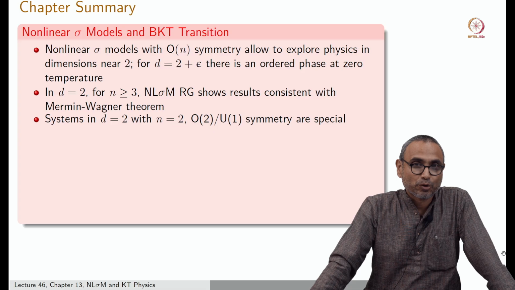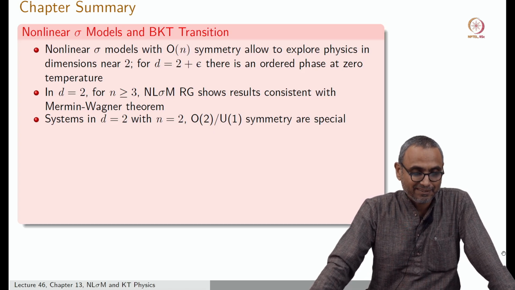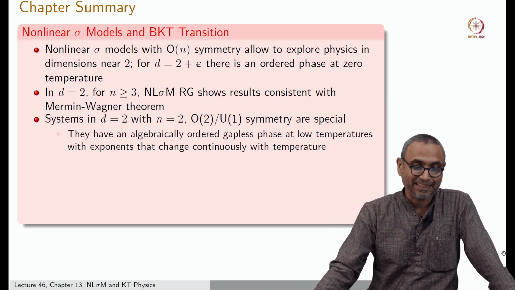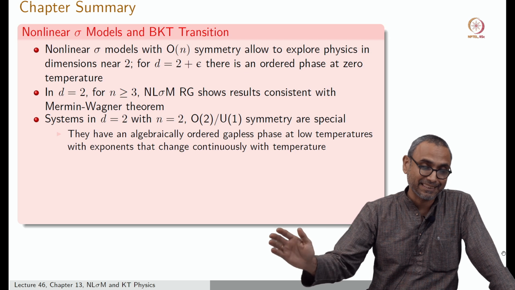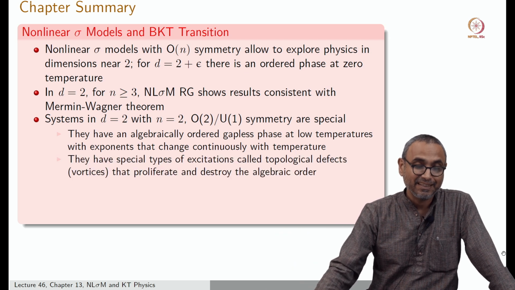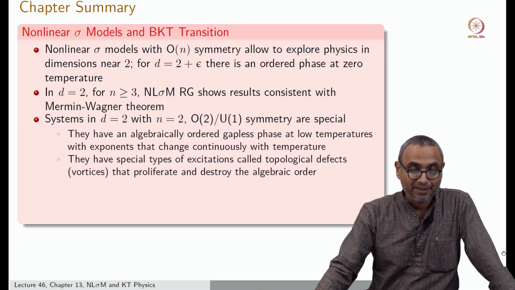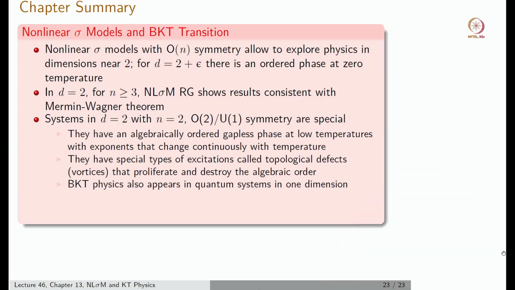So systems in 2 dimensions with O(2) symmetry are very special. They have an algebraically ordered gapless phase at low temperatures with exponents that change continuously with temperature. They have special types of excitations called topological defects. They can proliferate and destroy the algebraic order through a very interesting new kind of continuous phase transition called the BKT transition.